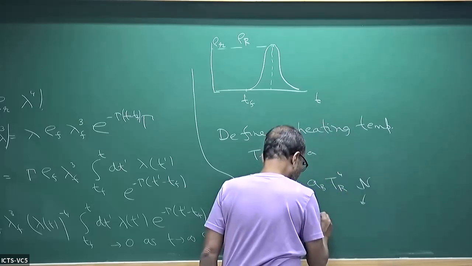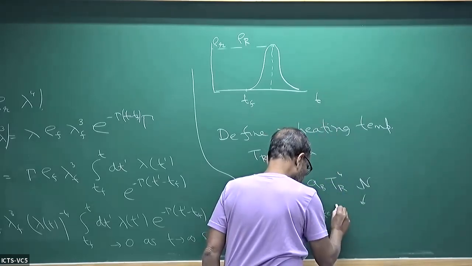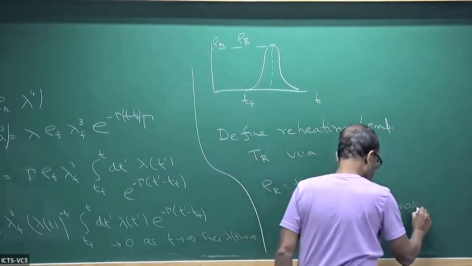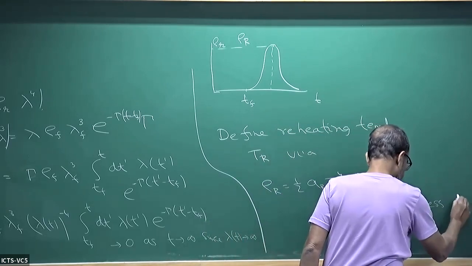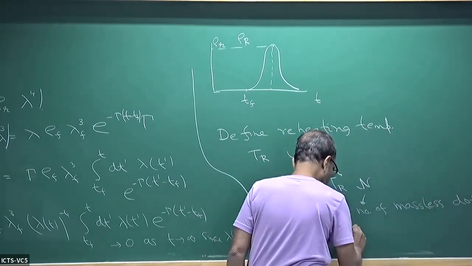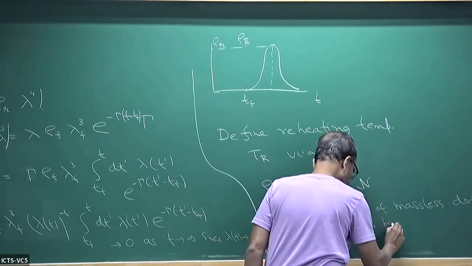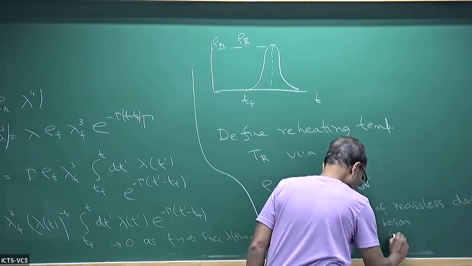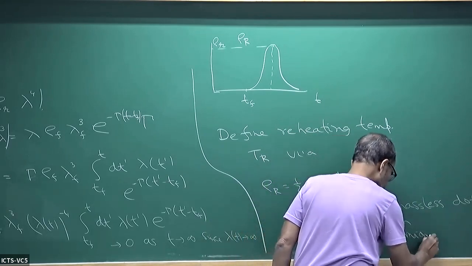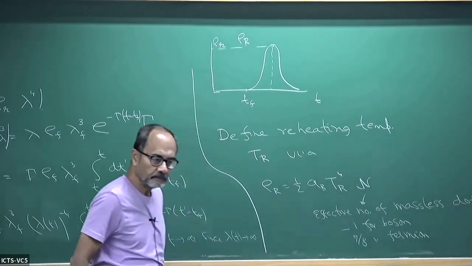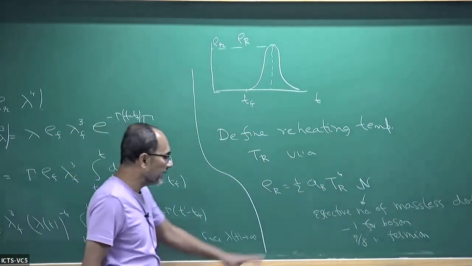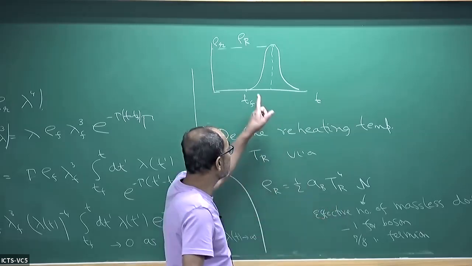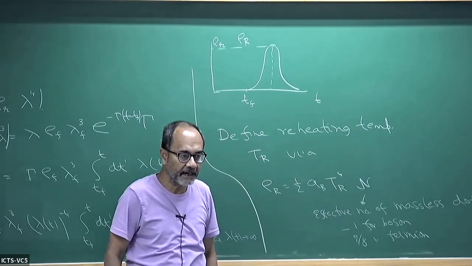So this n is the effective number of degrees of freedom, which counts 1 for boson and 7/8 for fermion. So this is in a sense the definition of the reheating temperature, because this is the maximum temperature that you will get after inflation.